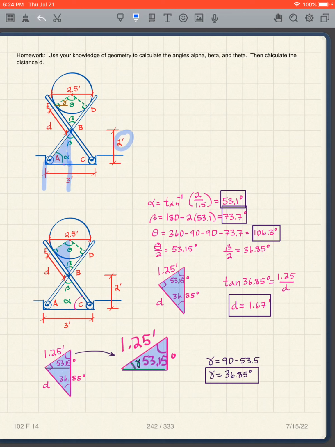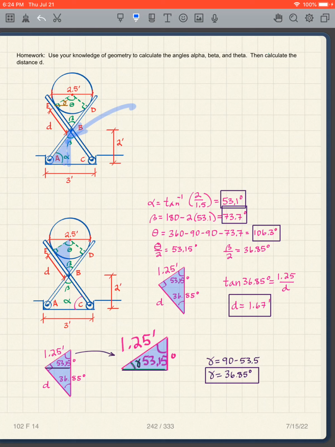Now once I have alpha, what do I know? Well, then beta, or half of beta, is right there in that triangle.